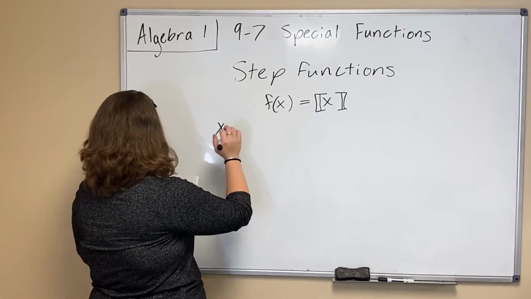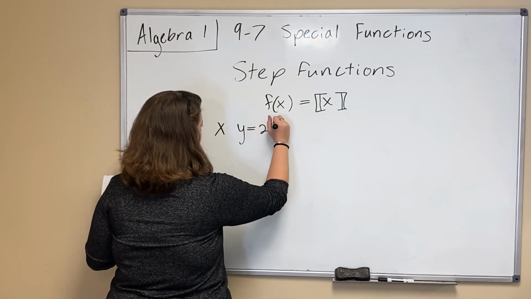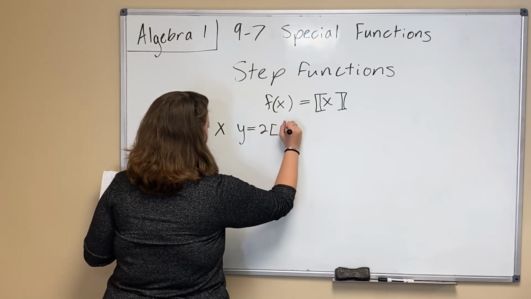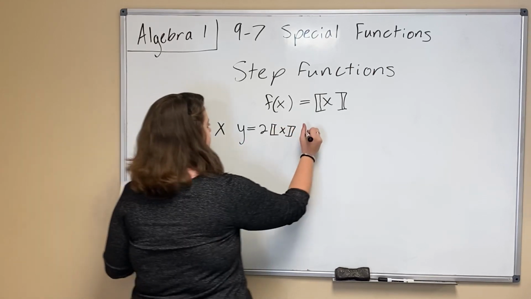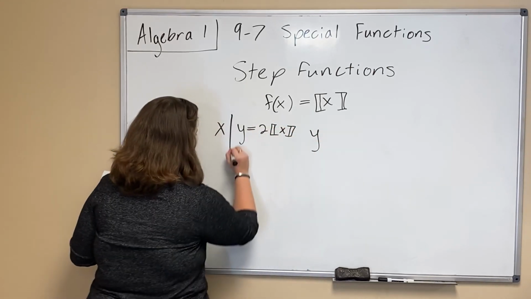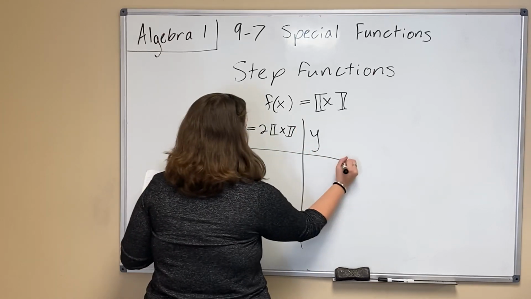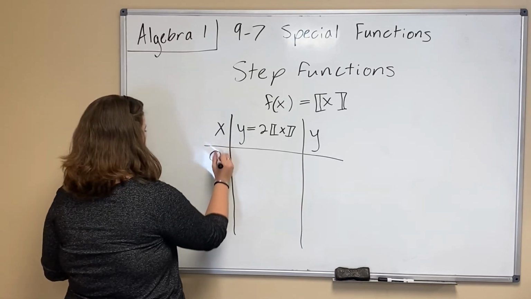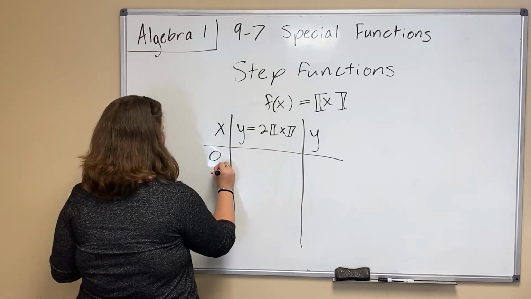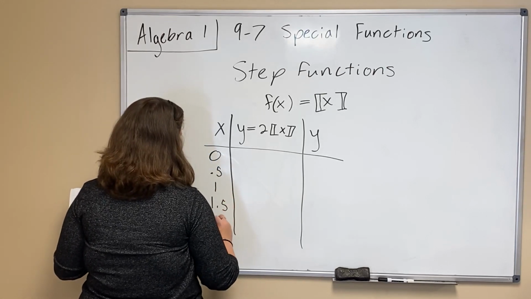So when we make a table of our values, suppose my function was y equals 2 times the step function of x, and I make a table of my values. What I'm going to do, we'll go 0, then we'll go 0.5, 1, 1.5, 2.